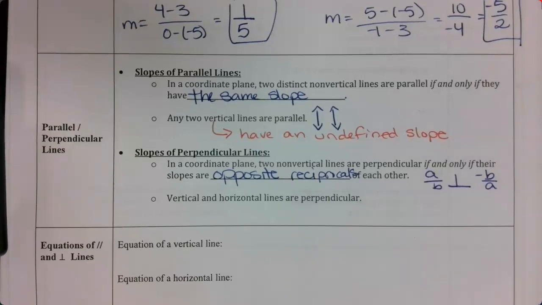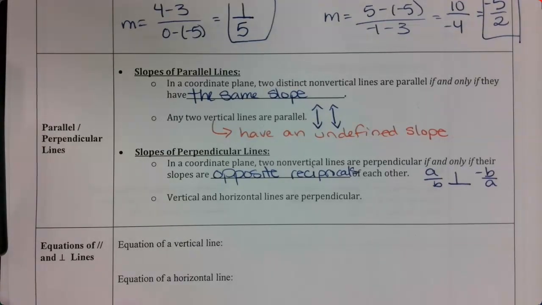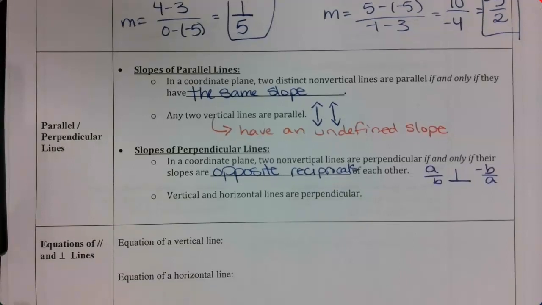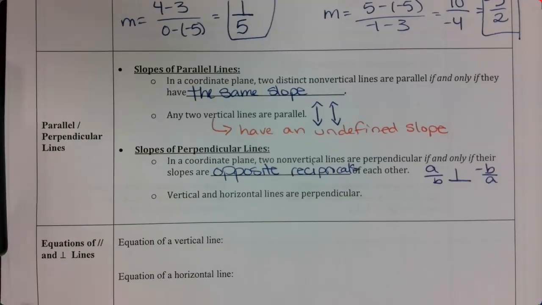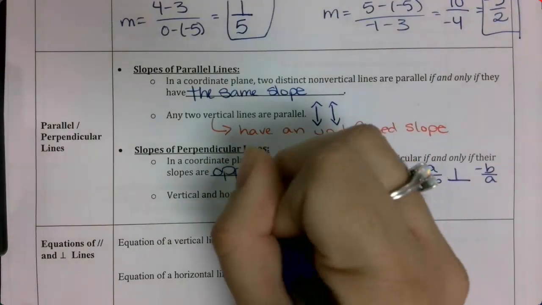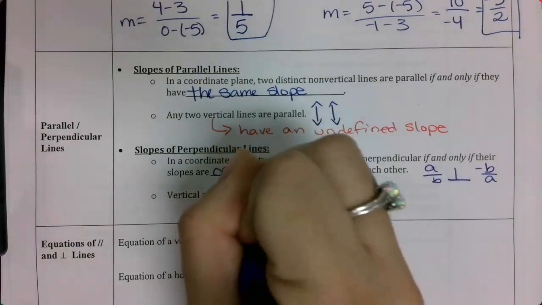Because it flips the fraction, that's the word reciprocal. And then opposite as in opposite sign. So one is positive and one is negative. And then I have that vertical and horizontal lines are perpendicular.